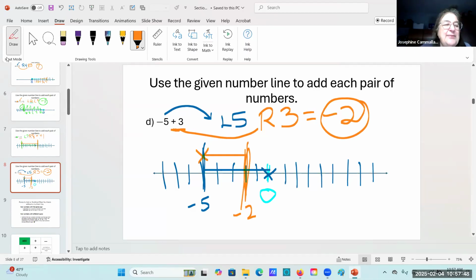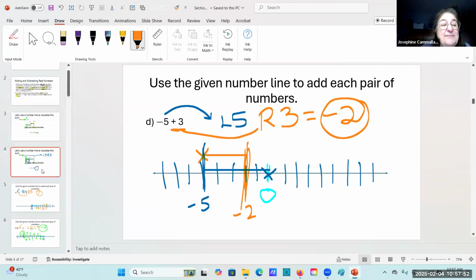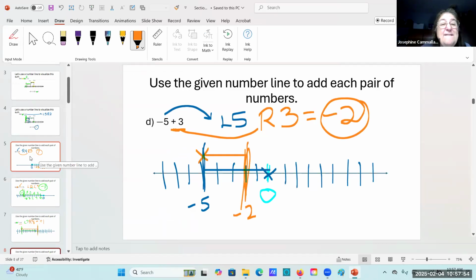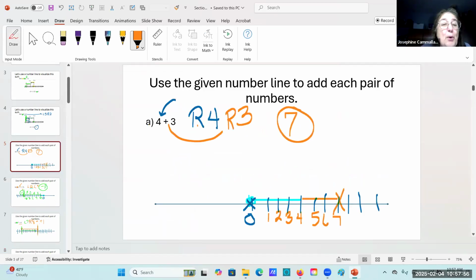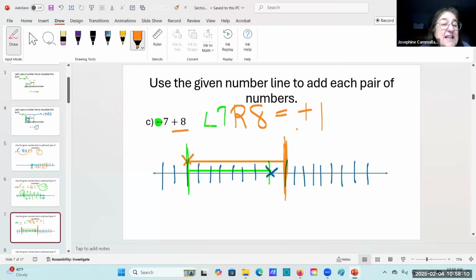Now, if you look at these slides, okay, both are going right. My answer is positive. Both are going left. My answer is negative. One is left, one is right.